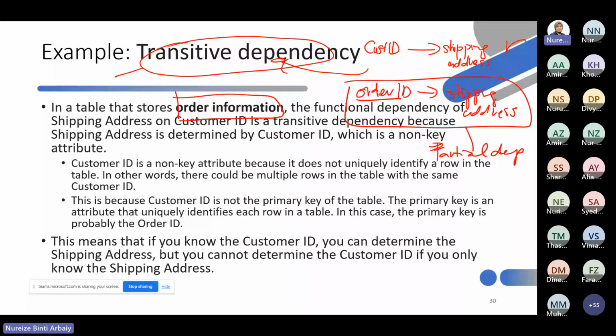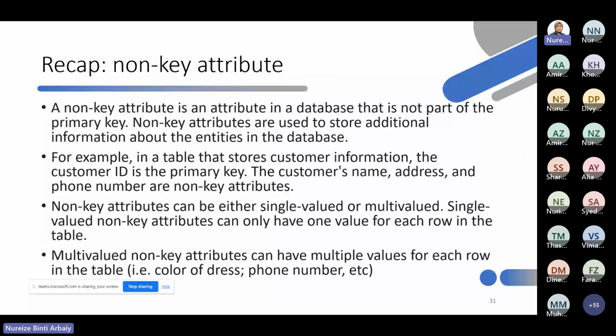Okay, this is a recap about a non-key attribute. It is a database attribute that is not part of the primary key, and it is used to store additional information. In a table, non-primary attributes can be either single valued or multi-valued.